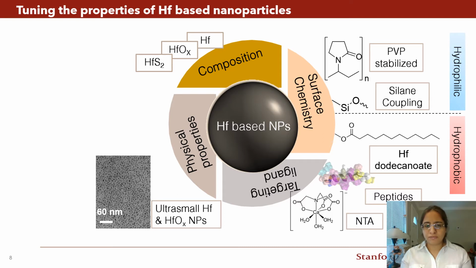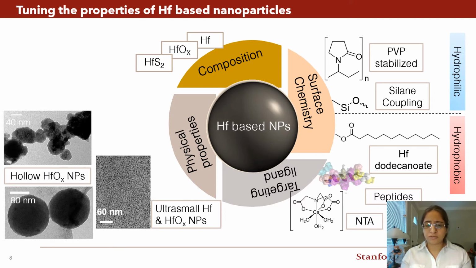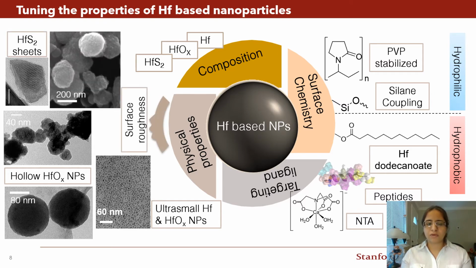Finally, I changed the physical properties of these particles, making them of various sizes, ranging from ultrasmall particles to bigger particles that were hollow, and on the dimensionality, and finally changing the surface roughness of these particles. What I'm going to focus on today is the ultrasmall hafnium particles, meaning a particle size of around 2 to 3 nanometers.